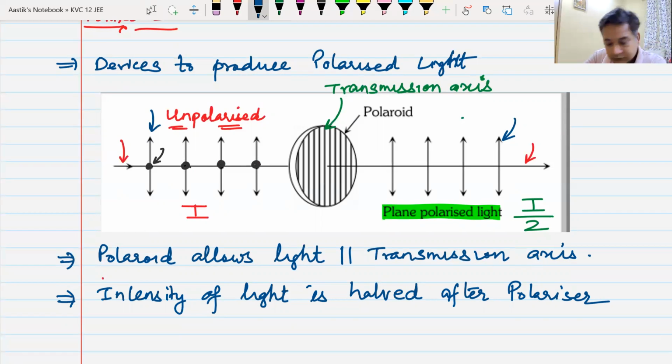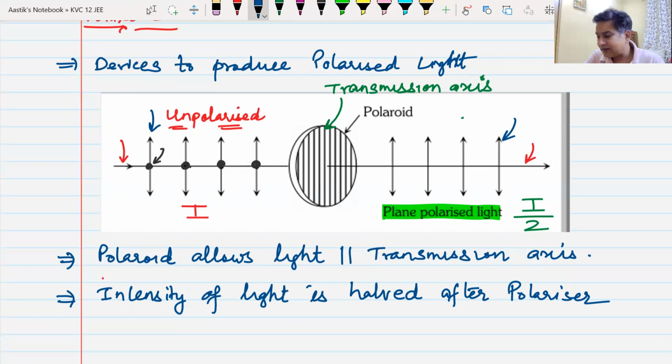Yes, sir. Okay, now sometimes what we do is after this polarizer, we put another crystal or another Polaroid that is known as the analyzer, because it analyzes whether your light has been polarized or not.